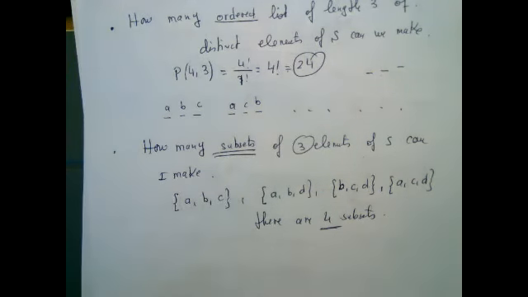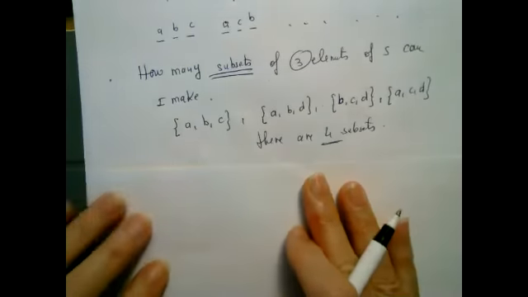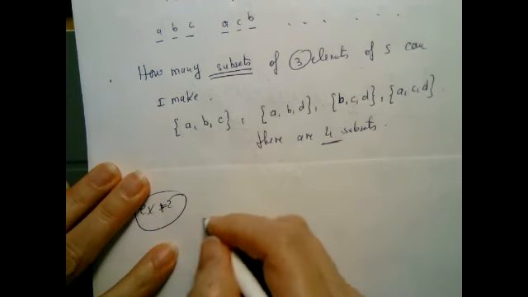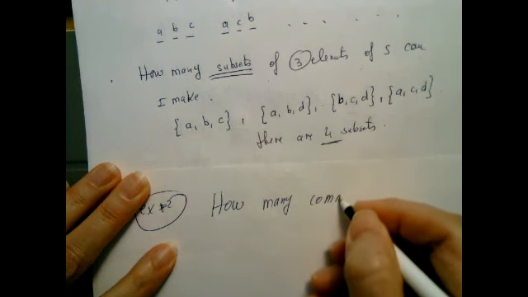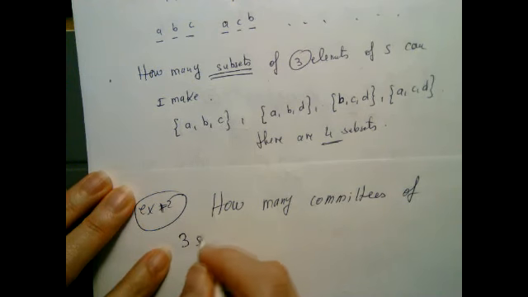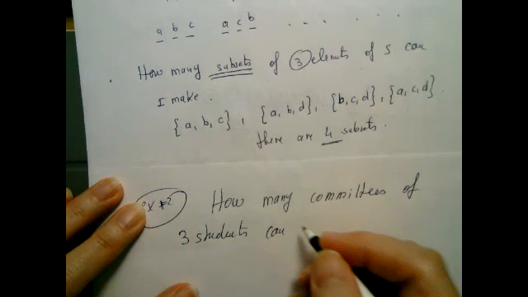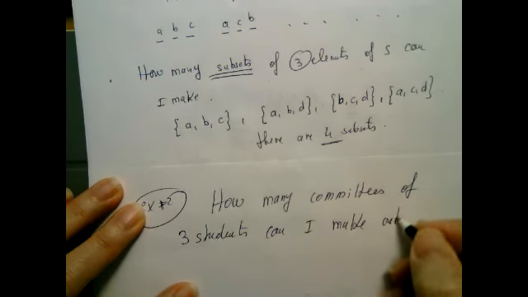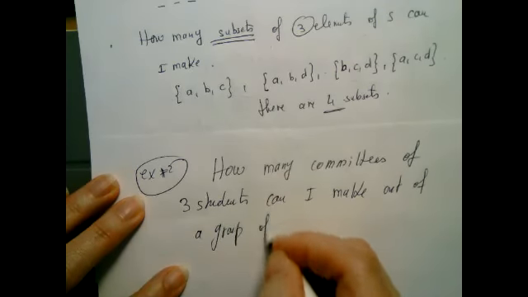Instead of giving you this problem with subsets, I can ask, for example: how many committees of 3 students can I make out of a group of, let us say, 4 students?